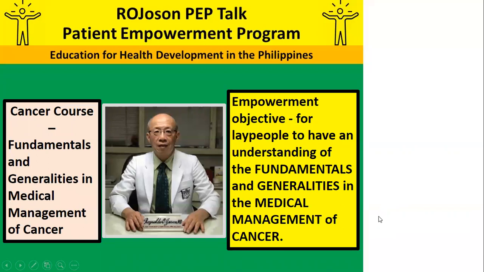So with that, I end my pep talk, Fundamentals and Generalities in Medical Management of Cancer, Part 1. I hope I have empowered you, the lay people, to have a better understanding of the fundamentals and generalities in the medical management of cancer.